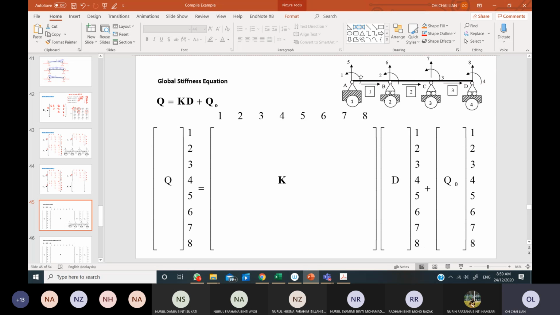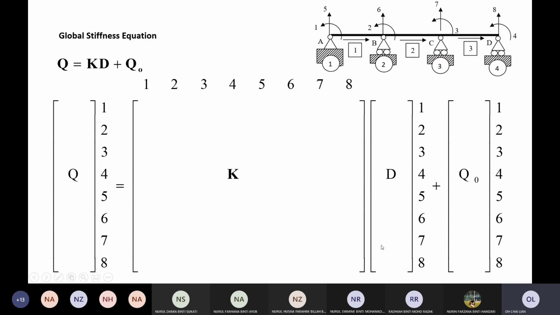We are going to do some partition to explain which elements in the structure stiffness matrix we need to obtain so that we can solve for the unknown displacement. The remaining elements in the big K, you no need to determine all.